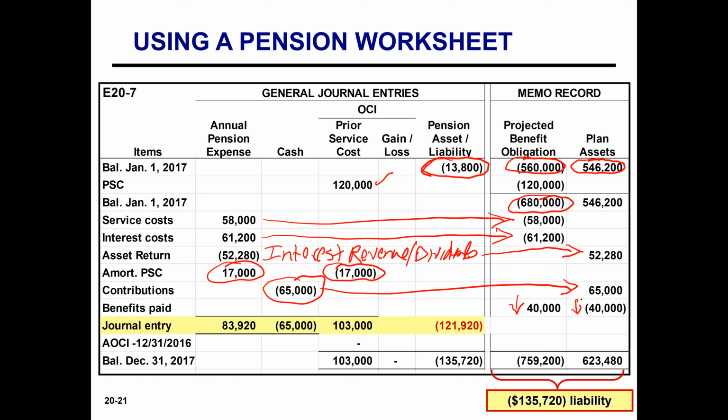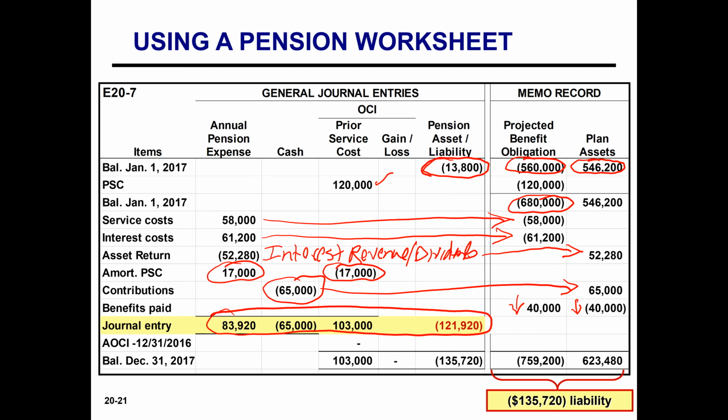And so the journal entry to record the net effect of all of this, we see here. We would have a debit to the expense, credit to cash, debit to other comprehensive income, credit to the liability.